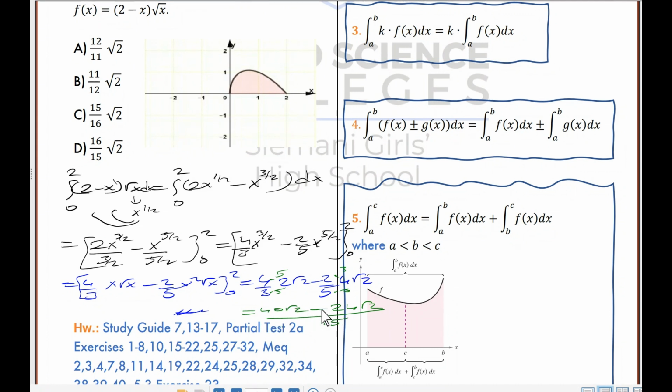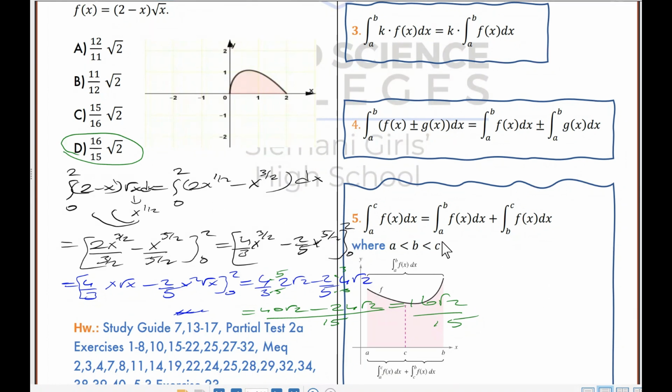Let's subtract the top. 40 minus 24 is 16, right? So 16 root of 2 over 15, which is option D.